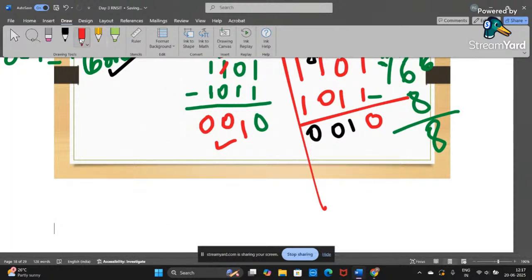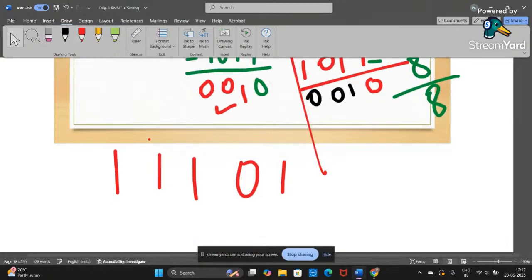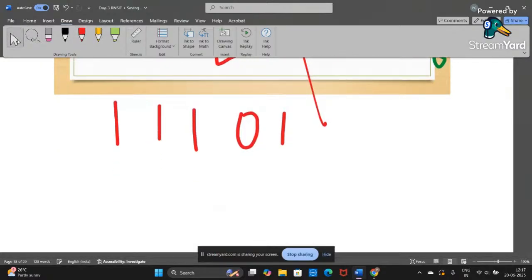Now we'll solve one more. 1, 1, 1, 0, 1 and 0, 1, 1, 1.